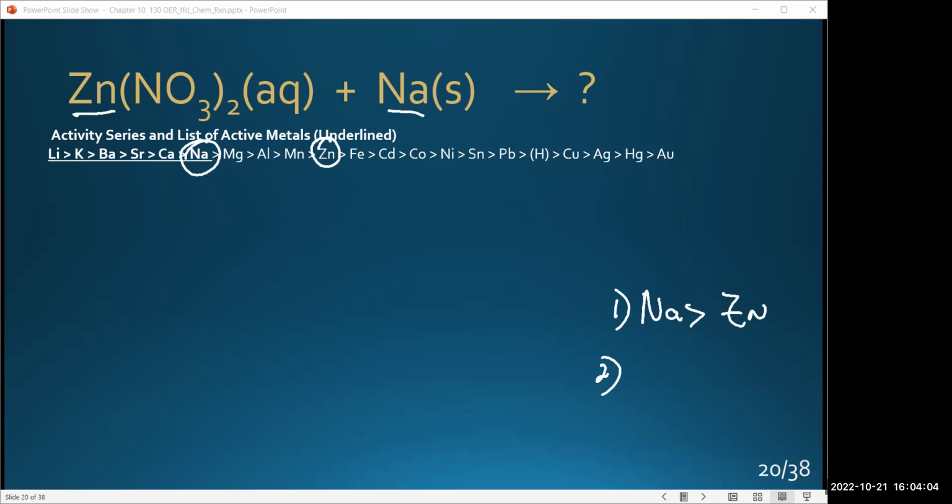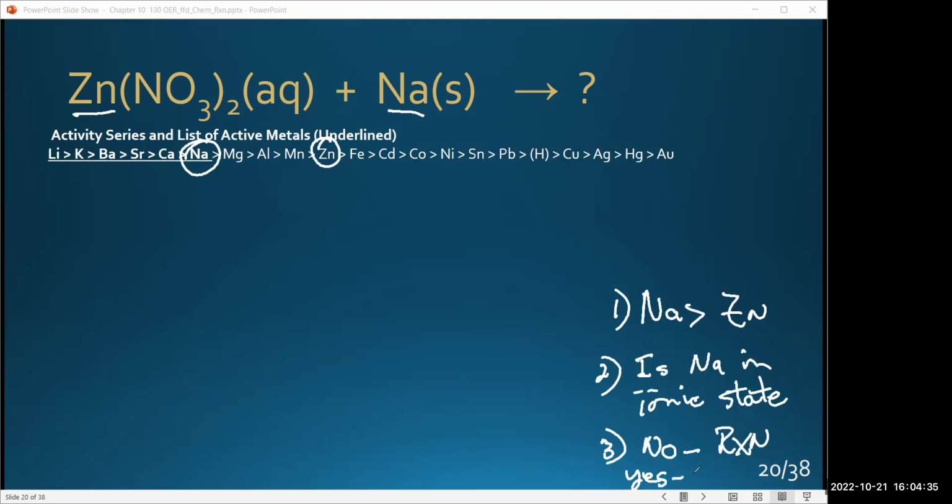Second step is to ask: sodium, which is the most reactive metal, is sodium in ionic state? So is sodium an ion? Here, the answer is no. If the answer is no, then you have a reaction, a positive reaction. If the answer is yes, you get NR, no reaction.